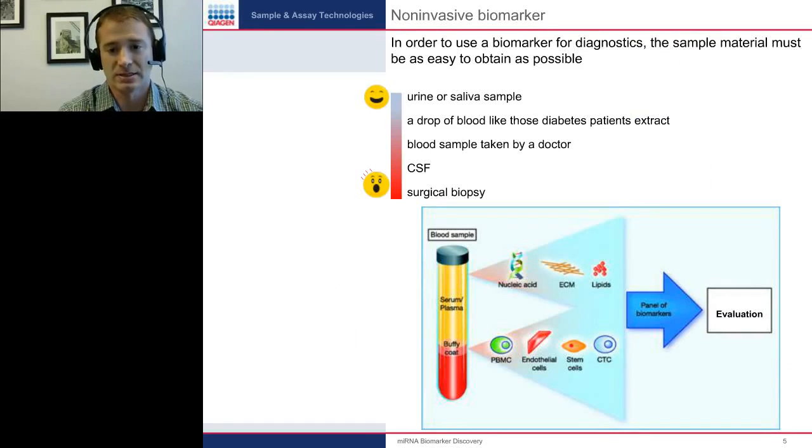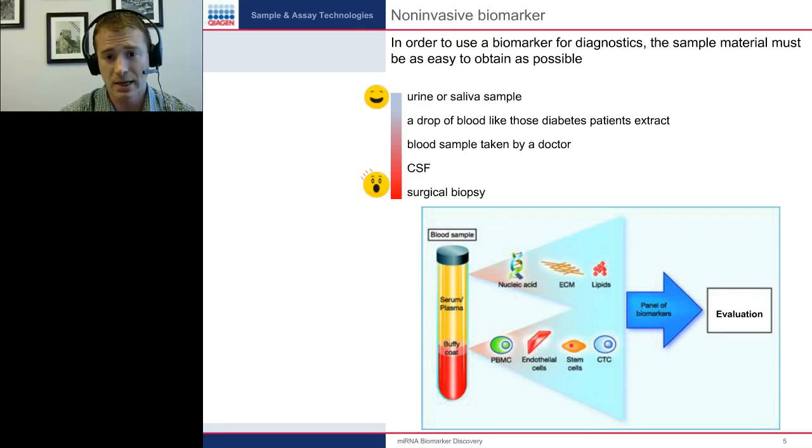Let's briefly discuss a non-invasive biomarker. And in order to use a biomarker for diagnostics, the sample material must be as easy to obtain as possible. And from the realm of easy to difficult, you have a urine or saliva sample, a drop of blood like those a diabetic patient would extract, a blood sample taken by a doctor, and more invasive would be a CSF sample, and most invasive would be obviously a surgical biopsy.